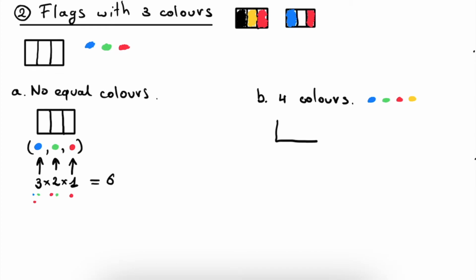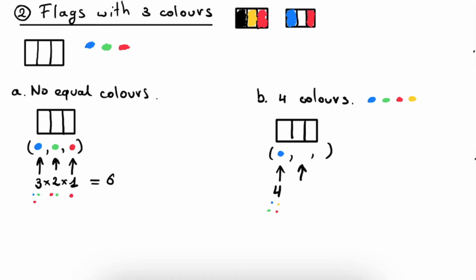So let's again draw our empty flag, which can be represented by a triple of numbers, or a triple of colors in this case. Now in the first position, we have 4 choices of colors. We have either blue, yellow, green, or red. Let's take, for instance, blue again to be the first color.